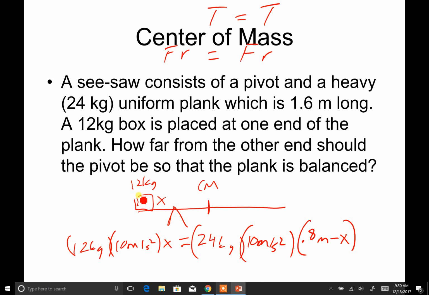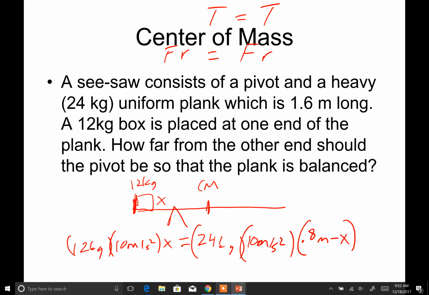Since it's a uniform board, the distance from the center of mass to this end has to be half the length of the board, 0.8. So if the distance from the box to the fulcrum is X, the distance from the fulcrum to the center of mass has to be 0.8 minus X.